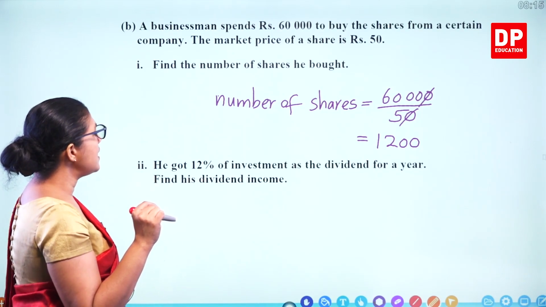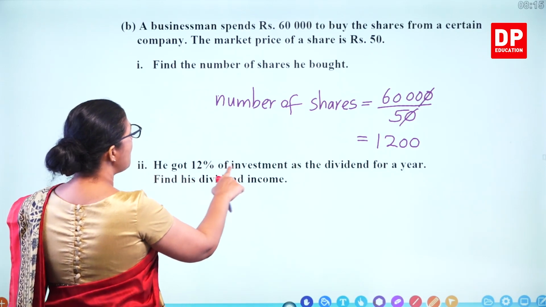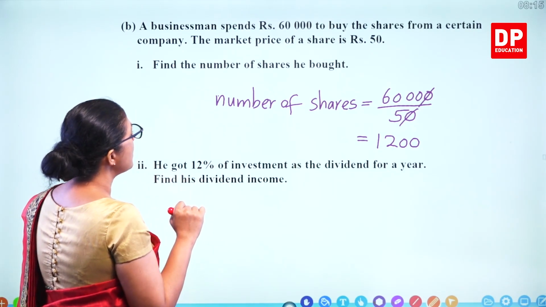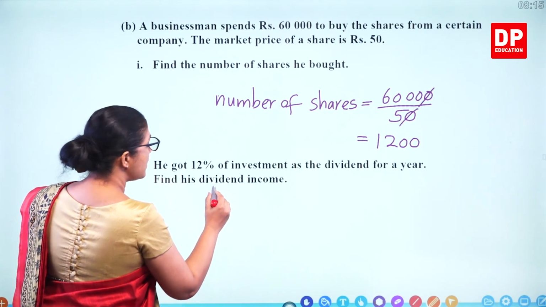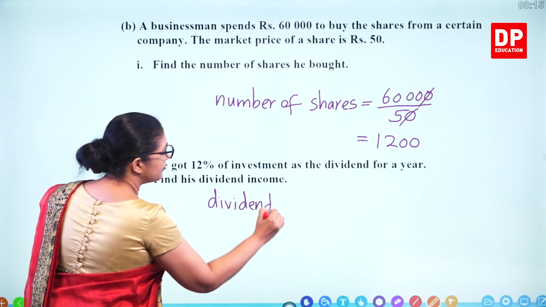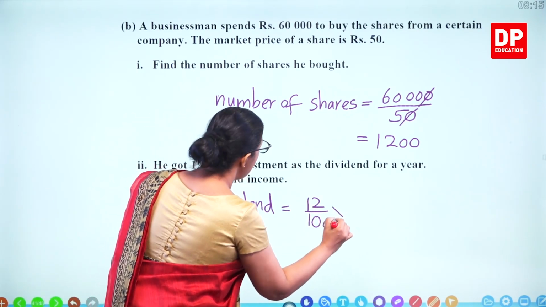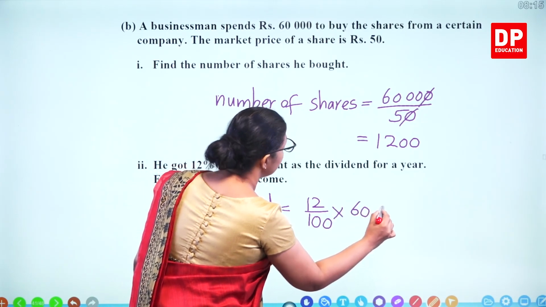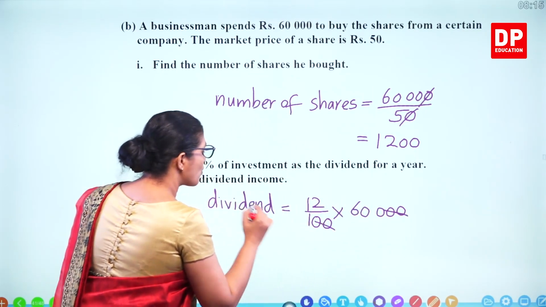Then he got 12% of investment as the dividend for a year. Find his dividend income. So 12% of the investment. So what is the investment? 60,000. So dividend becomes 12% means 12 over 100 into 60,000. 2 zeros get cancelled out.